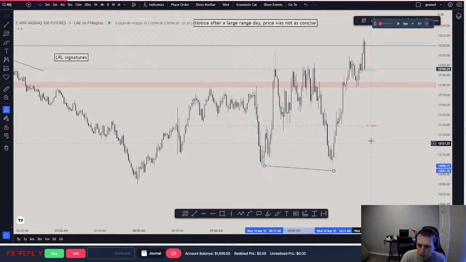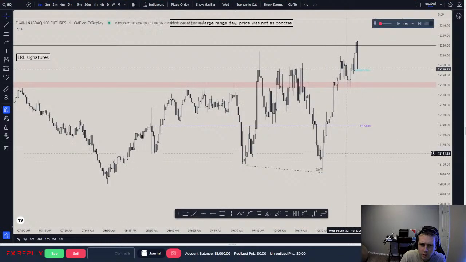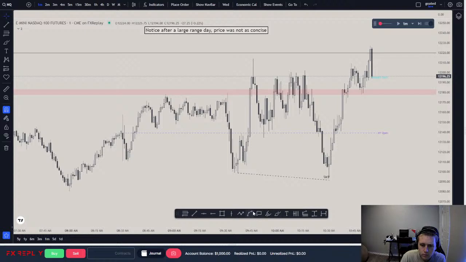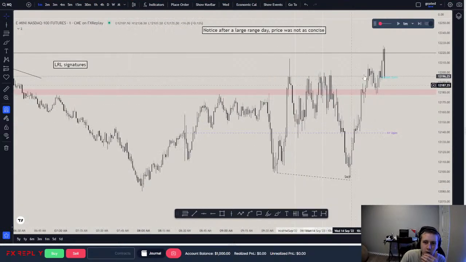Where's the SMT? Oh, right there. I don't know why I have two T's on there. Wait, does 10:10 start this move? Oh no, 10:30. 9:50 macro just consolidated.